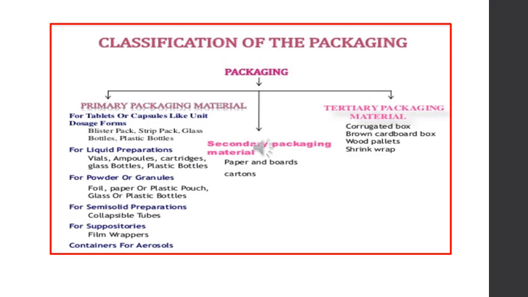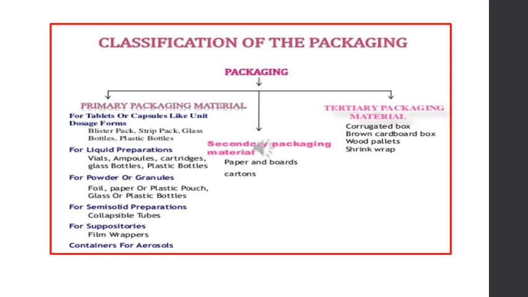In the case of liquids, depending upon the type, whether oral or parenteral, it will be vial, ampule, or bottles. In the case of powders or granules, it will be in the form of foil, paper, pouch, or plastic bottles; semi-solids in collapsible tubes, suppositories in film wrappers, and pressurized containers for aerosols.